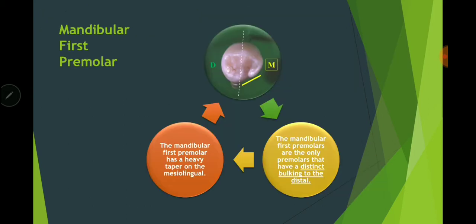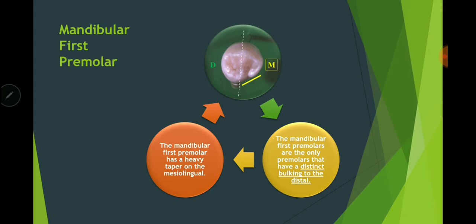So this is the mandibular first premolar. You can appreciate here where the line is. The mandibular first premolar is the only premolar that has distinct bulking to the distal. Okay, so which premolar distinctly bulks to the distal?